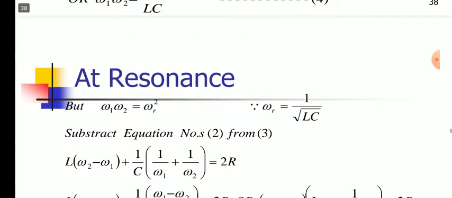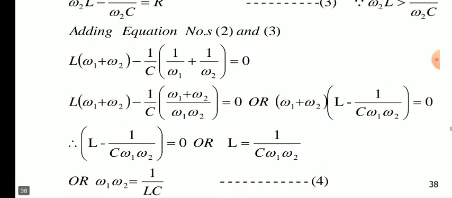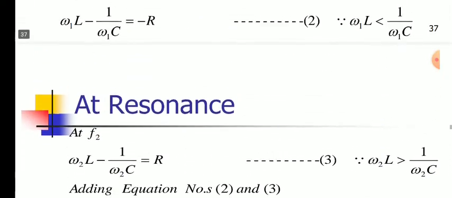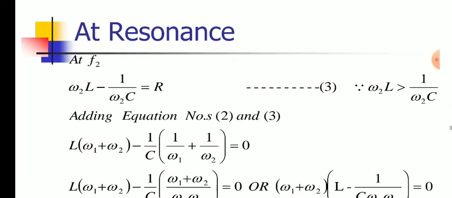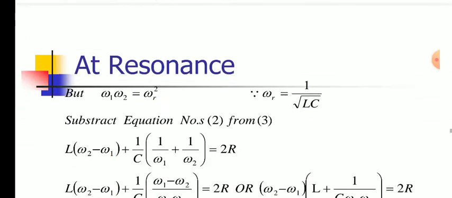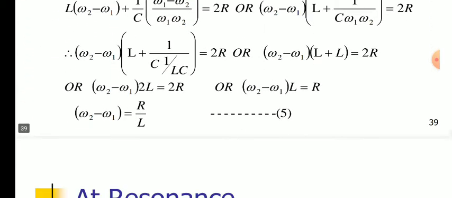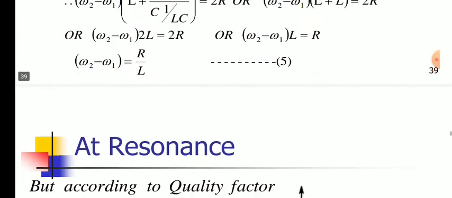Now subtract equation number 2 from equation number 3, and on simplification we get equation number 5, that is omega 2 minus omega 1 equal to R by L.